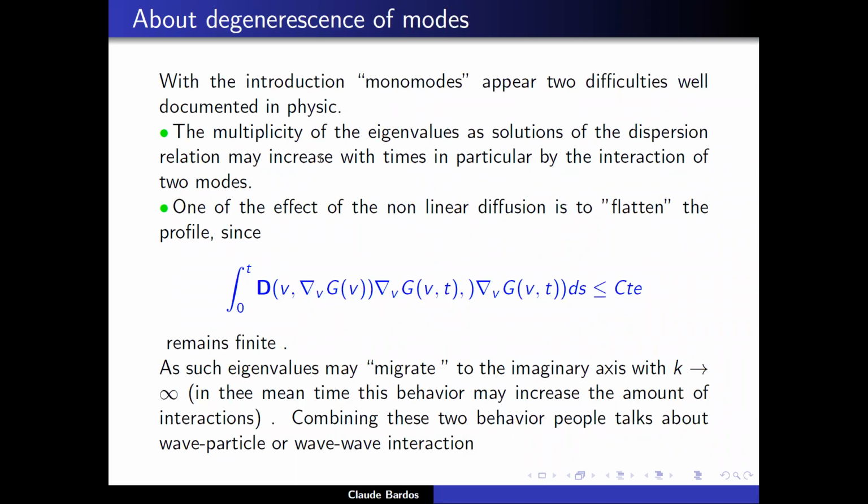Okay, now the other thing which, if I compare to the physics, first, this computation that I have explained to you was based on an asymptotic description along the dynamic of one eigenvalue, which I call monomode. Let's say one eigenvalue with a real part, with an imaginary part, and its conjugate on the other part, but they are both simple.